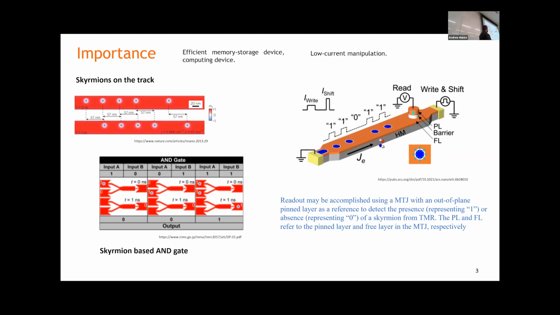And then people got creative. For example, they tried to come up with different designs. You can think of this as circuits, but magnetic circuits. And the skyrmions that you see here are represented as bits. But there is a problem because controlling skyrmions is a little bit hard. Keeping them stable is a little bit hard. One of the main issues is the skyrmion Hall angle.